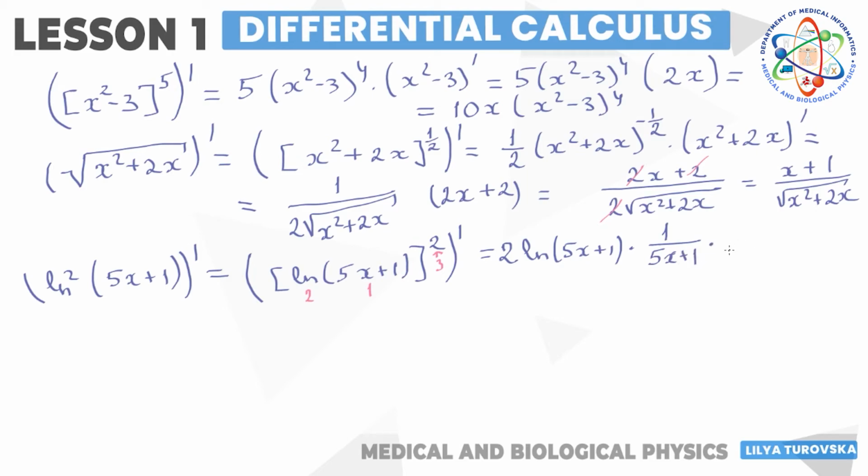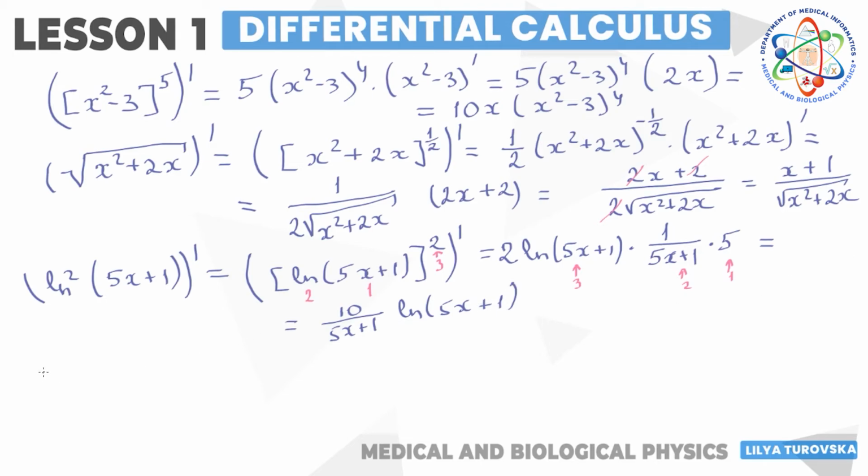And the last step, the derivative of 5x plus 1 is simply 5. If we rewrite, we will get 2 times 5 is 10 over 5x plus 1, times the logarithm of 5x plus 1.